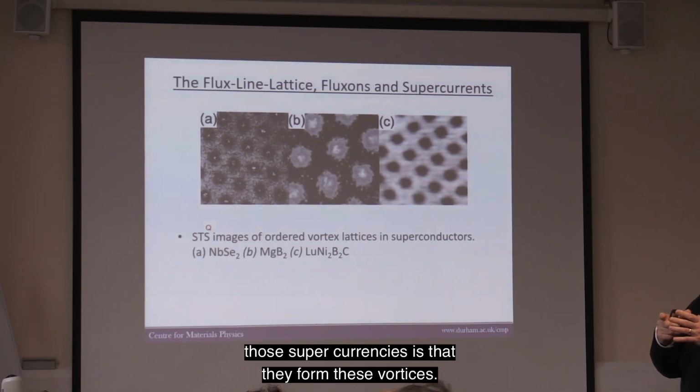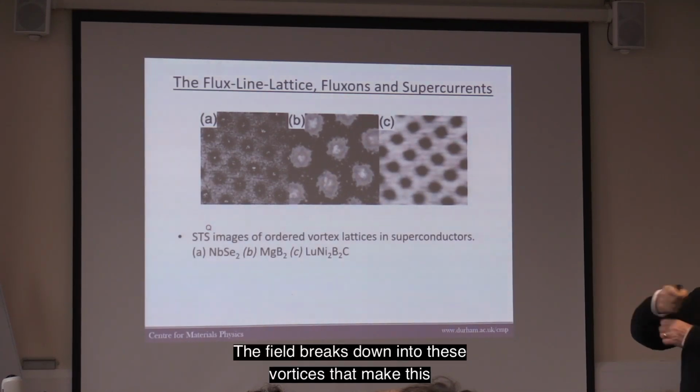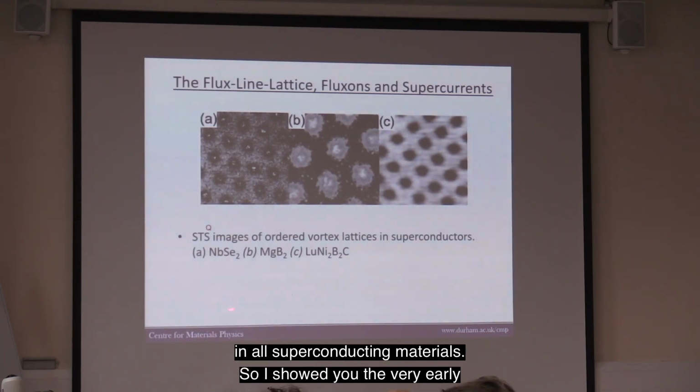But the important thing about those supercurrents is that they form these vortices. They don't flow uniformly through the material. The field breaks down into these vortices that make this hexagonal structure. And that hexagonal structure occurs in all superconducting materials.